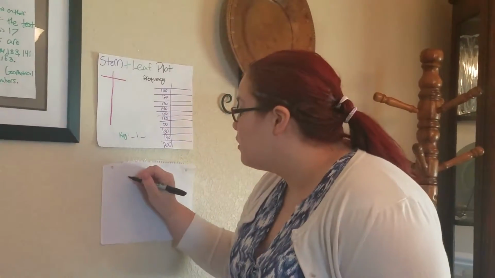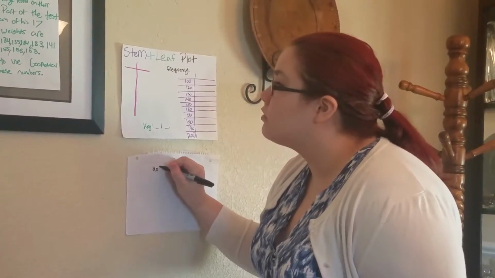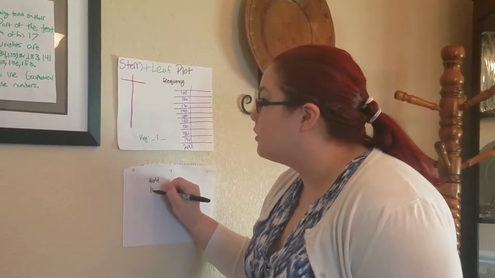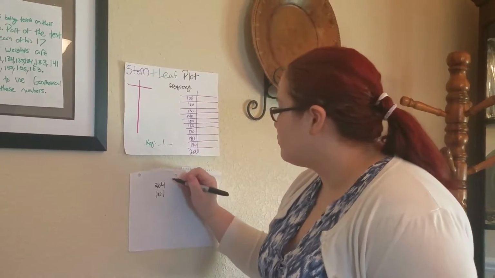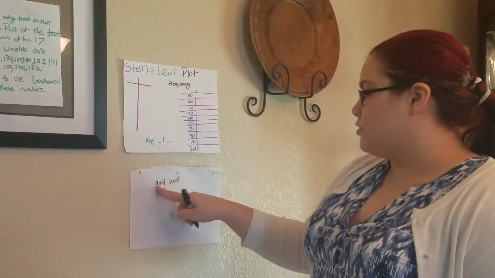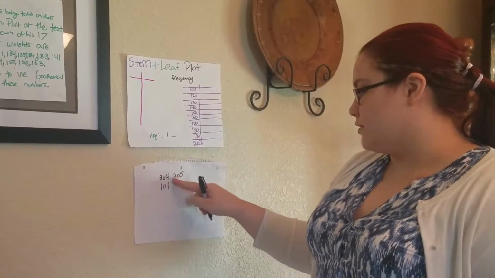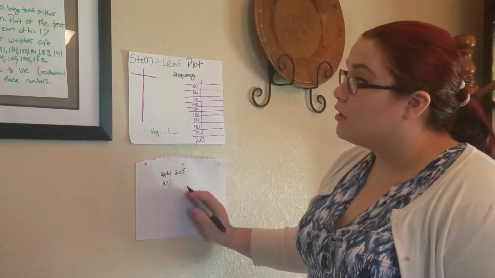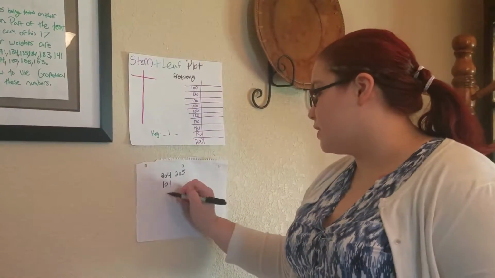So we've got 204, then we've got 101, 205, and we put 204 and 205 together because it's 20, 20. We got 122 next.